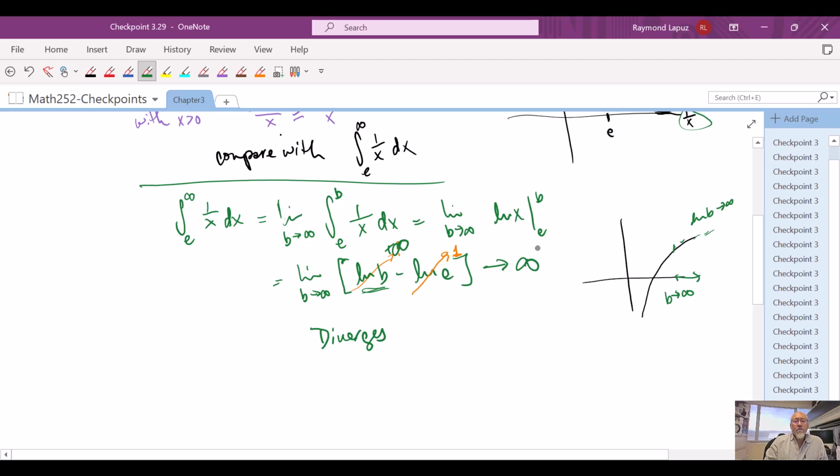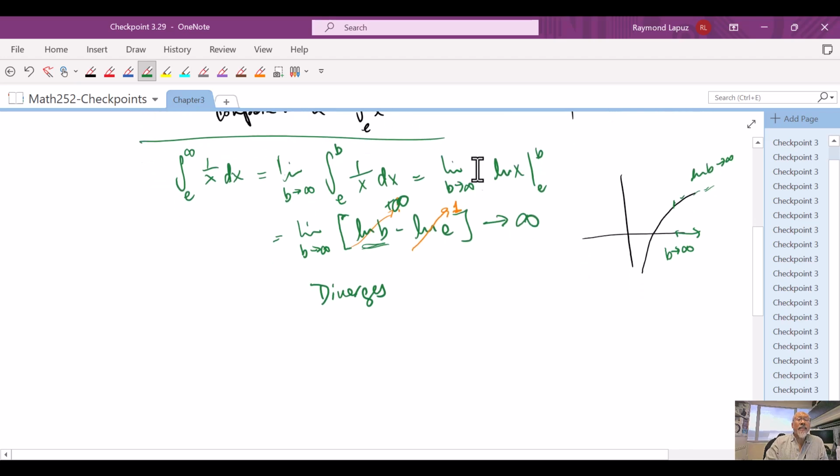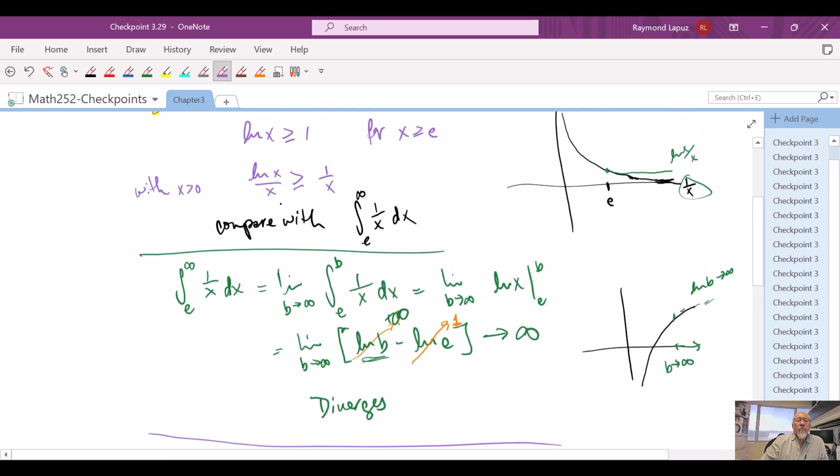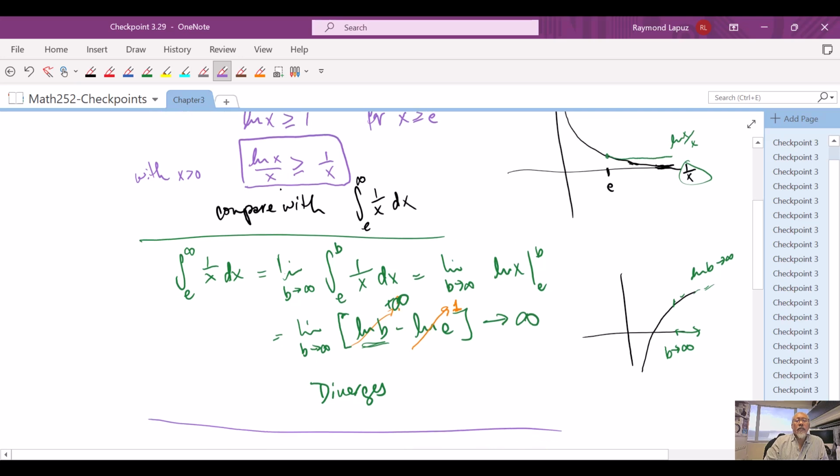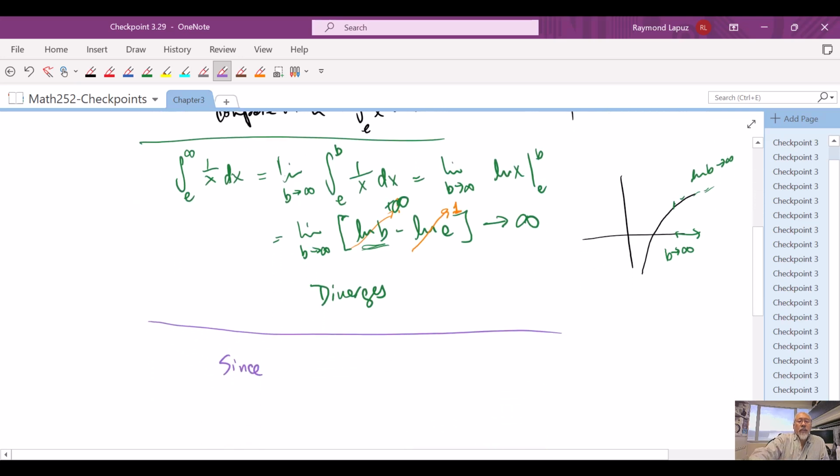Okay, now since in our comparison ln x over x is bigger than 1 over x, then the integral from e to infinity of ln x over x dx is going to be bigger than the integral from e to infinity of 1 over x dx.